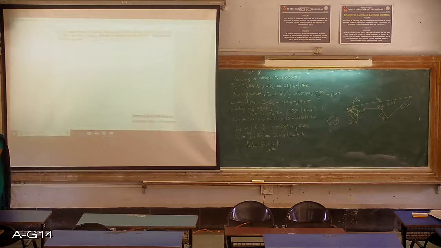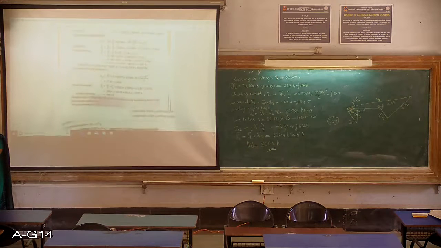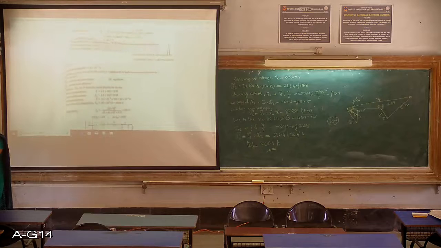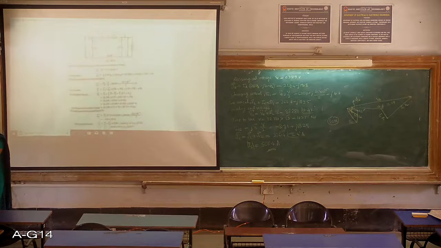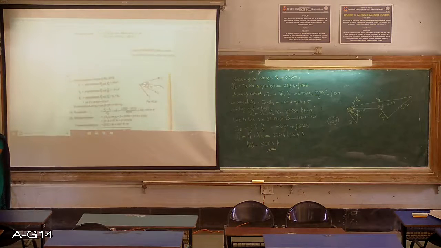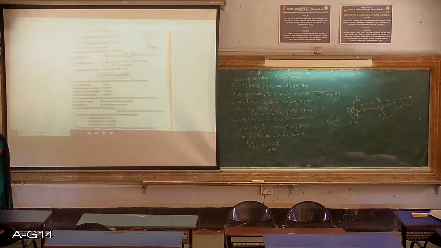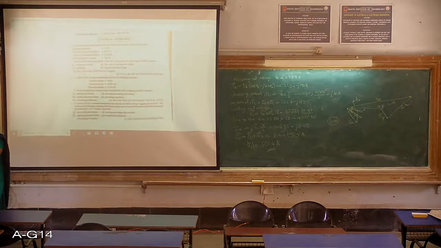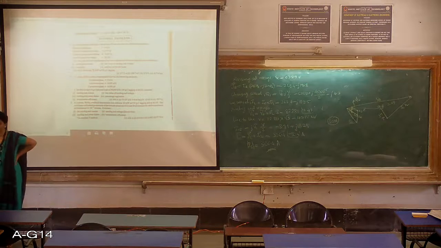This problem which we solved just now is available here. Then another solved problem is given, and there are a few tutorial problems along with the answers. I want you all to please solve these and get back to me via WhatsApp for discussing any discrepancies. You can also post me the solved problem, so I shall correct it and get back to you.